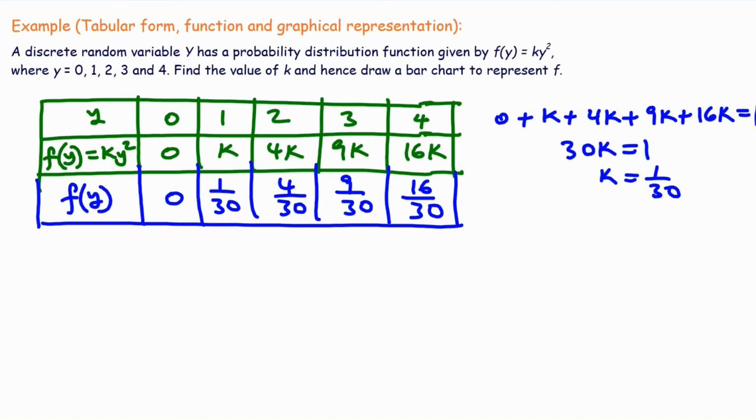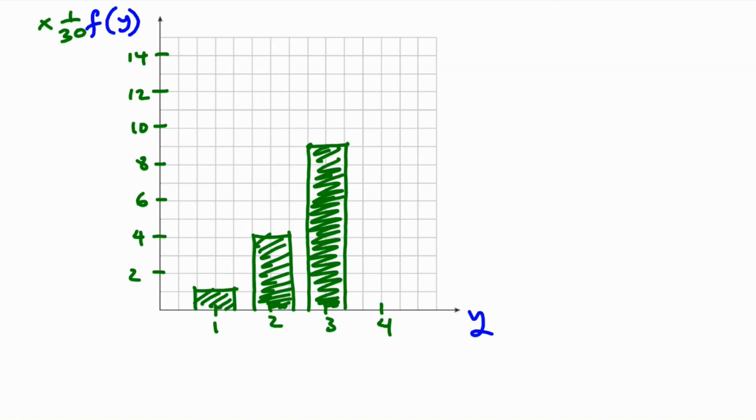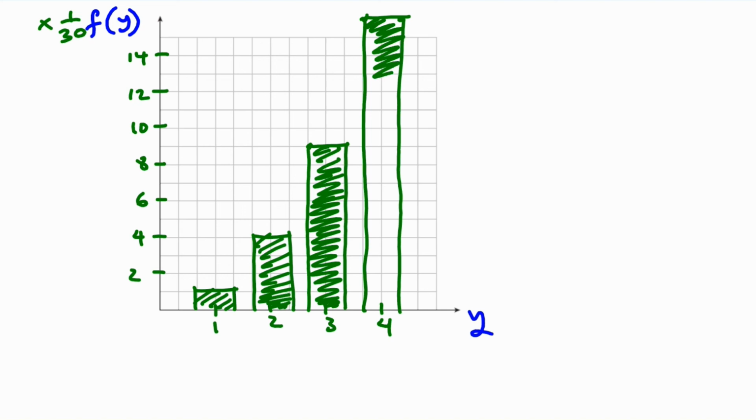And 4 goes up to 16. This is where 16 is, somewhere here, kind of an approximation. My graph was just a little bit smaller, so I just have to estimate where it lies. And then we have something like that. And that's it.